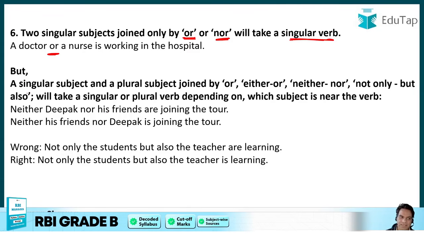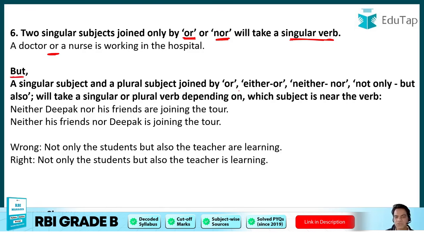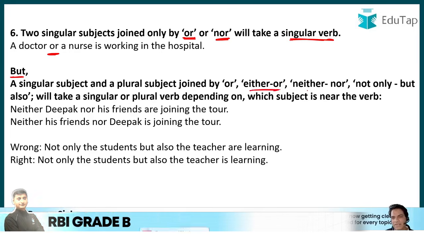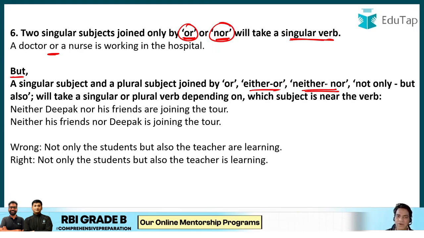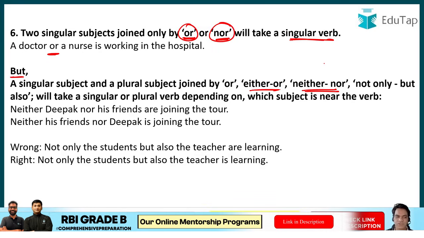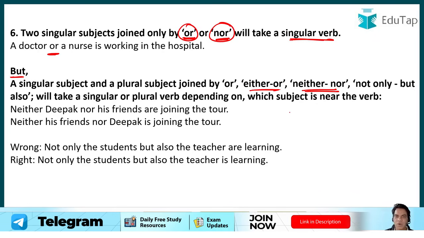But if two nouns are connected using either or, neither nor. Here I was talking about only or nor. Now I'm talking about either or and neither nor. In either or and neither nor, there is a situation which you need to understand. Guys, in either or and neither nor, whichever noun is closer to the verb will decide the verb.